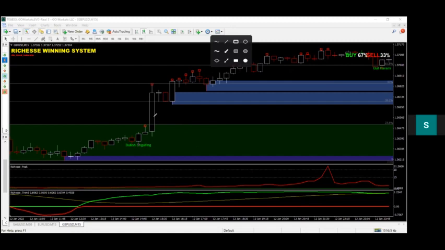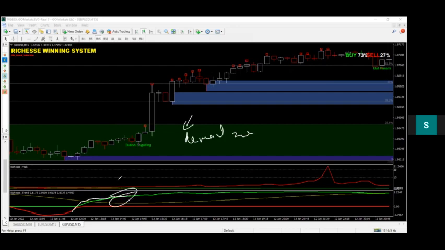First of all, we are in the demand zone. And the second thing, this indicator is showing an uptrend. Now we have a bullish pattern, this bullish engulfing. So when you see this bullish pattern, you just buy above the high of this candle, and your stop loss should be below this.